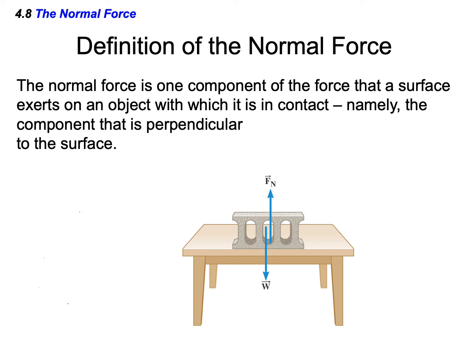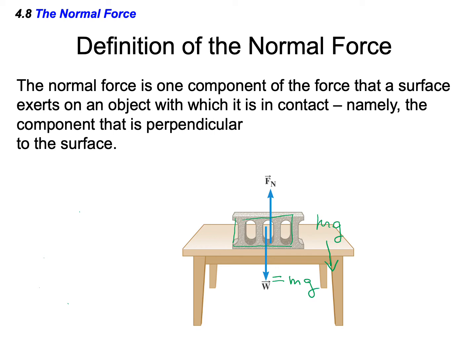So let's take this brick. We know it has a mass. Because of the mass, we know there's a gravitational force on this brick from the earth. The magnitude is mg, and that is always towards the direction of the earth. So this W, weight force, is mg.